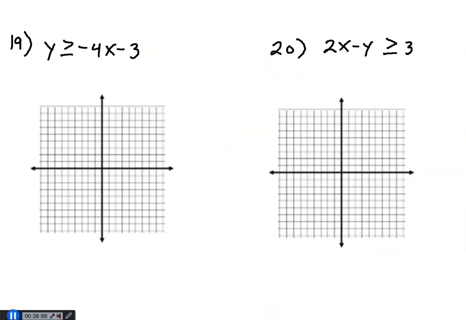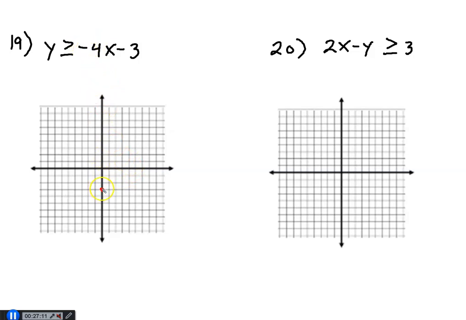All right, so for number 19, we're sketching the graph of this inequality. Much like we do with lines, we start with a y-intercept, in this case of negative 3. And we look at the number in front of x, and that's a slope of negative 4.